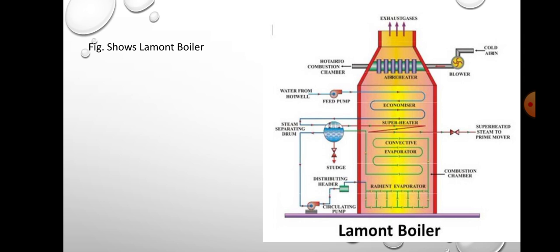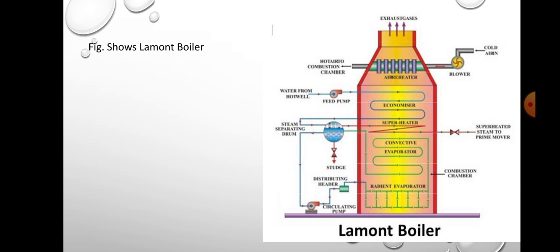That saturated steam is supplied to the water steam separator drum, where the upper side is the steam and the lower side is the water. The steam from the upper portion of the drum is supplied to the superheater, where the saturated steam is converted into superheated steam.